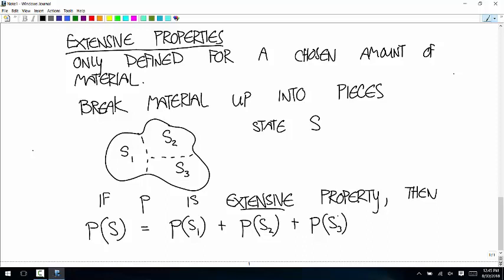So let's think about a couple of different properties and see which ones are extensive and which ones are not. First of all, think about mass. Is mass extensive or not? Yes. If the whole thing is 10 kilograms and S1 is 2 kilograms and the other two are 4 kilograms each, they have to have this additive relationship.